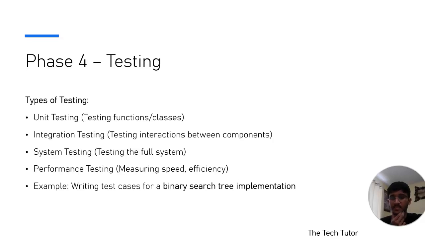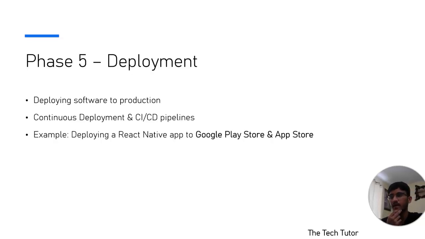System testing, checking the full application. And performance testing, evaluating the speed and scalability of the application. For example, if we built a binary search tree, we might write unit tests to check if insertions, deletions, and traversals work correctly.